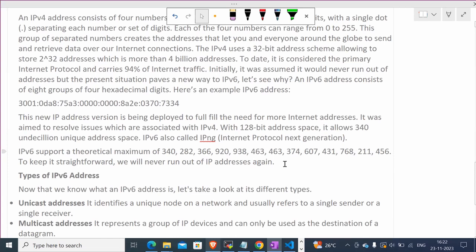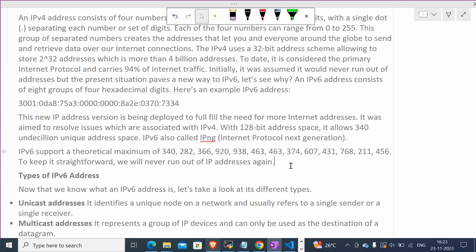Let's understand. It is a 128-bit number, so the total number we will get is 2 to the power of 128 minus 1. This is a huge number, you can read it. And it is an assumption again.